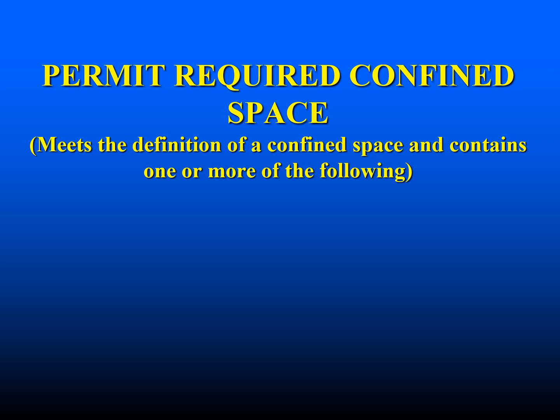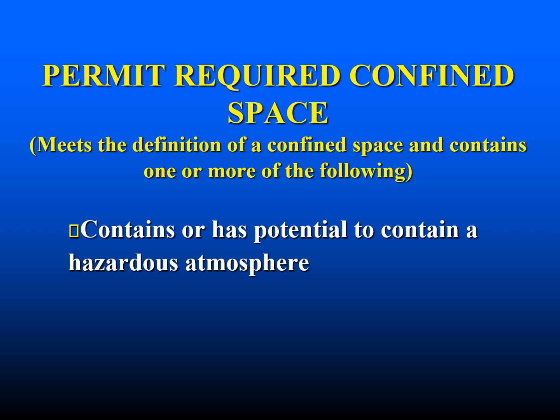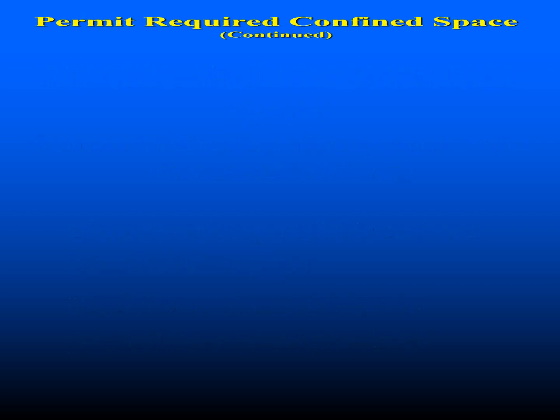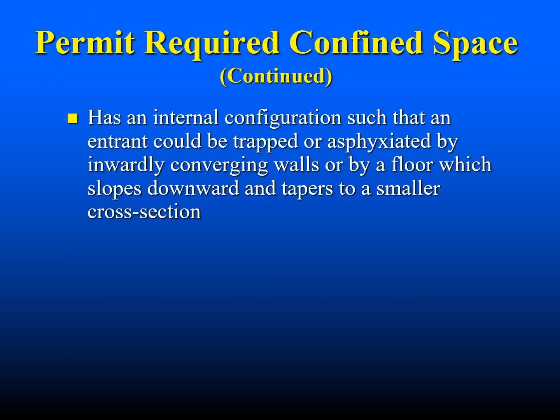Now let's take a look at a permit required confined space. It meets the definition of a confined space and contains one or more of the following. It would contain or has the potential to contain a hazardous atmosphere, contains a material that has the potential for engulfing an entrant, has an internal configuration such that an entrant could be trapped or asphyxiated by inwardly converging walls or by a floor which slopes downward and tapers to a smaller cross section.